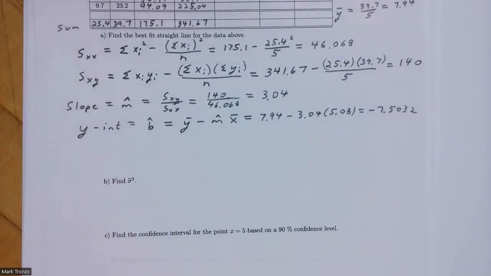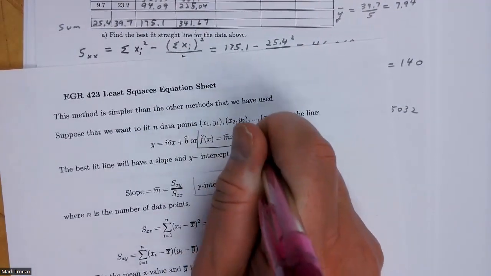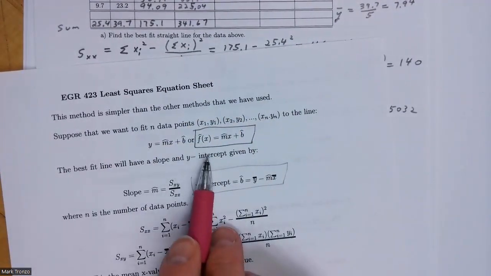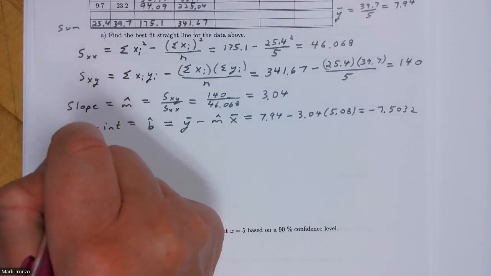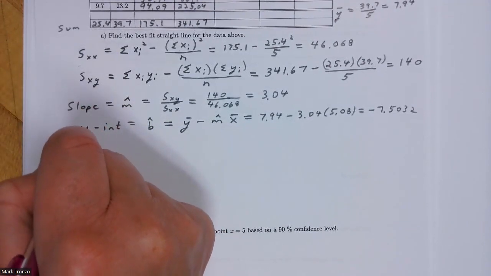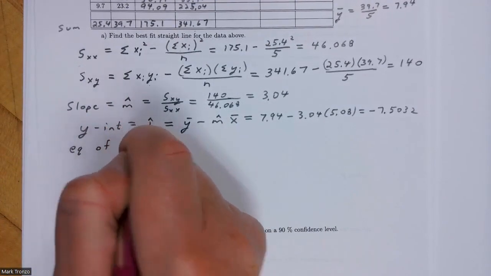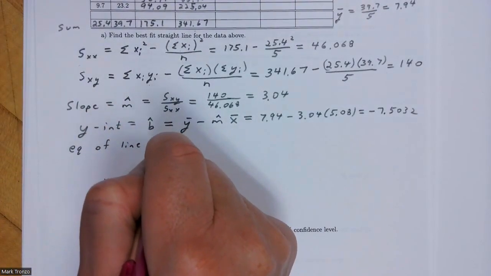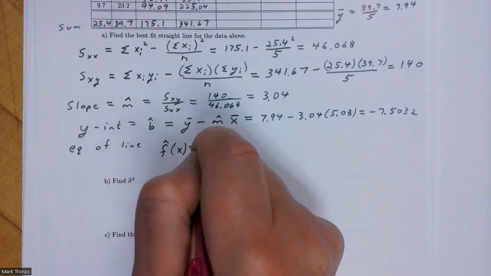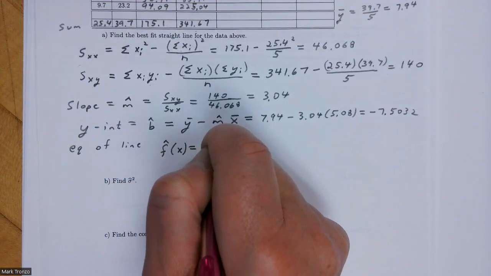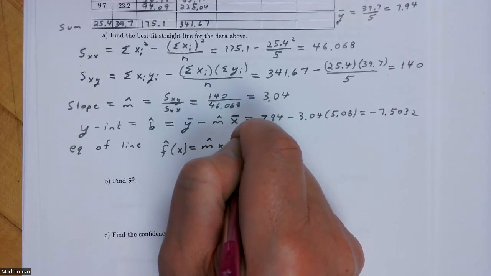So then the equation of the line, which is also on your equation sheet at the very top here. Now we've gotten all our stuff, we can plug it into this equation. So the equation of the best fit line is equal to m hat x plus b hat.